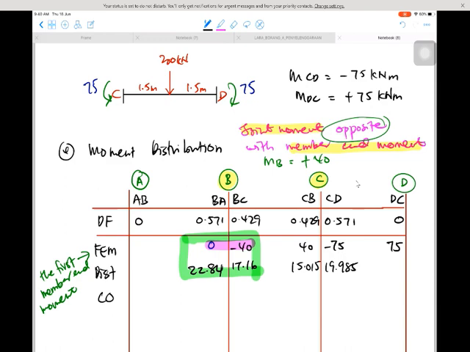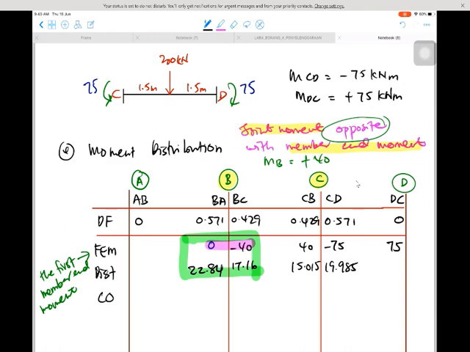Other than that, the total distribution factor for a joint must equal 1, except for fixed ends. So we can see that for BA and BC, when we add 0.571 plus 0.429, we get 1.